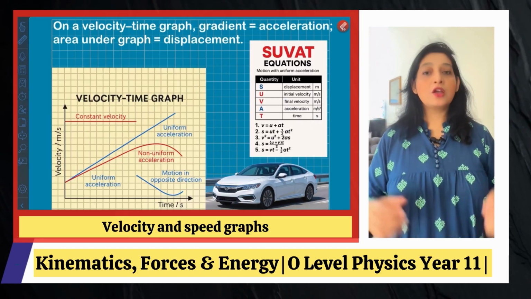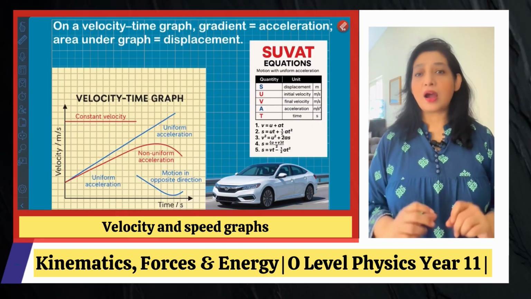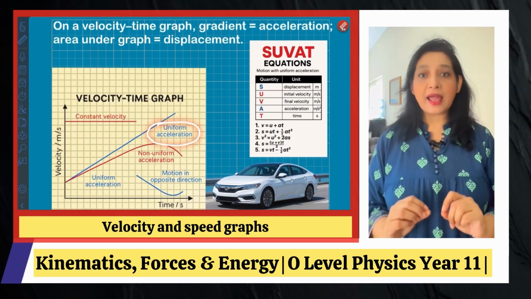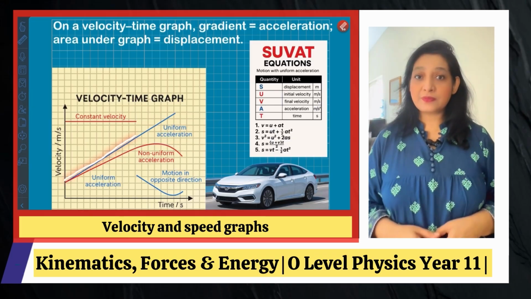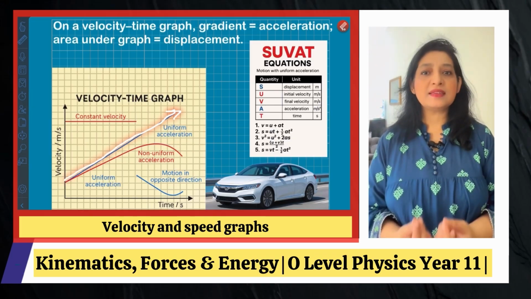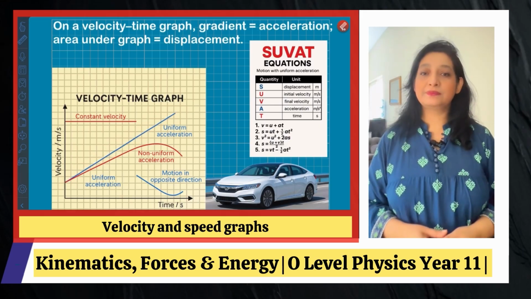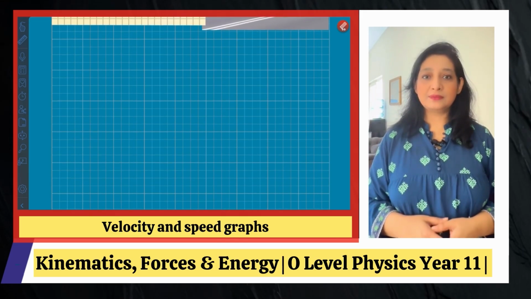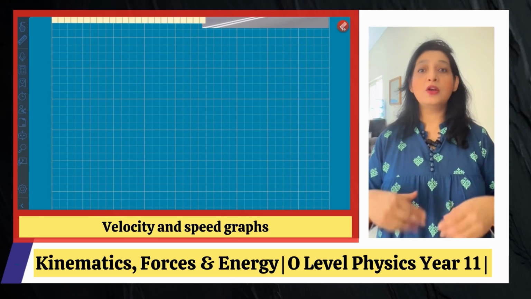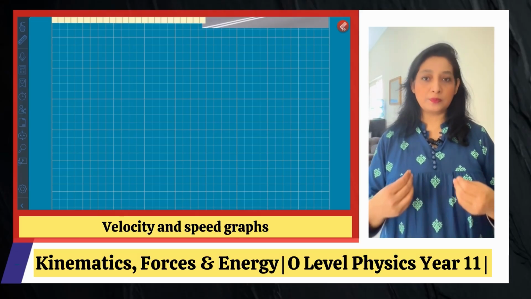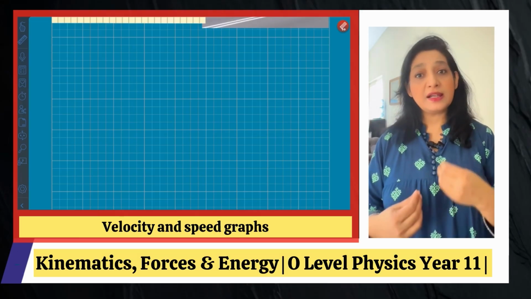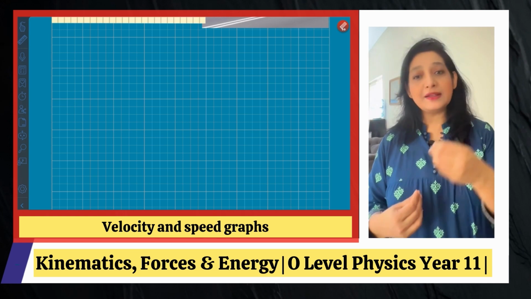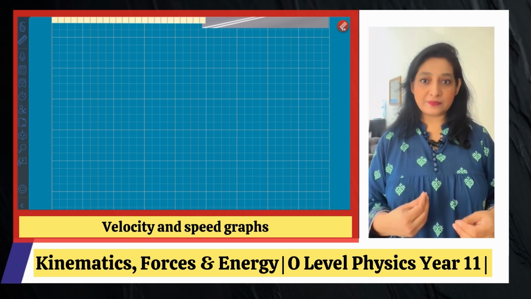Case 2, uniform acceleration, a straight slanted line rising upward. Velocity increases at a constant rate. For example, showing here a ball rolling down a slope, the gradient is equal to a constant, which is the acceleration.